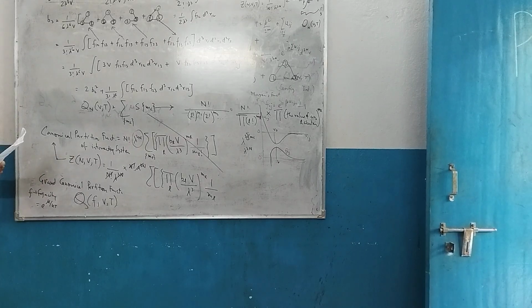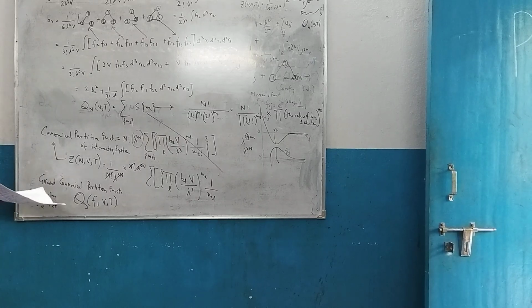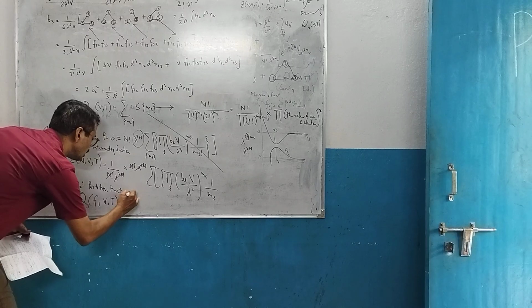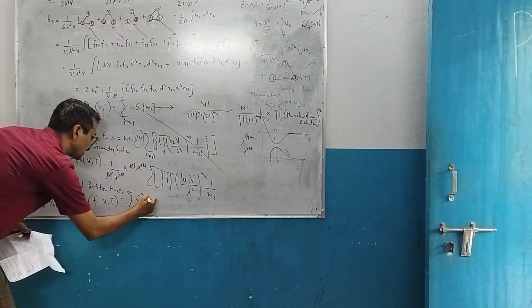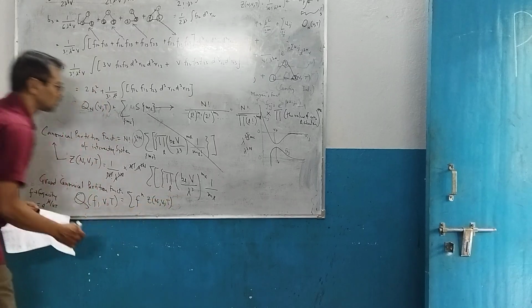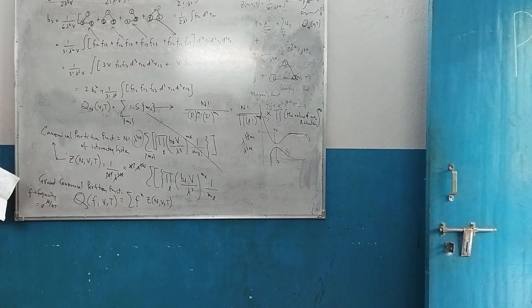Okay. So if you want to write the grand canonical partition function, now we multiply the canonical partition function with f to the power N. So this is basically equal to f to the power N Z_N(V,T).